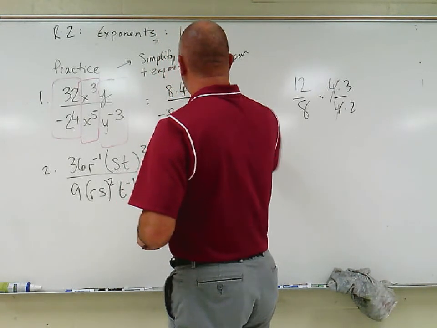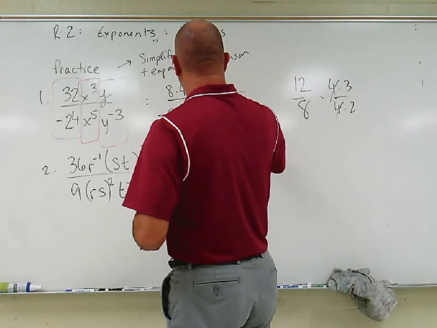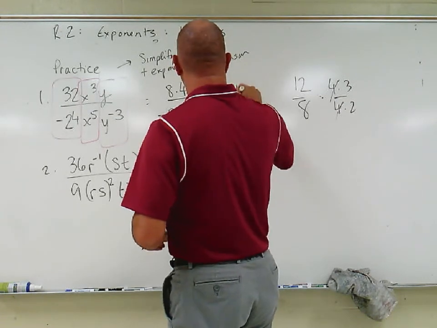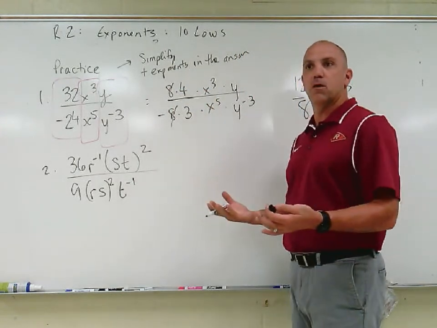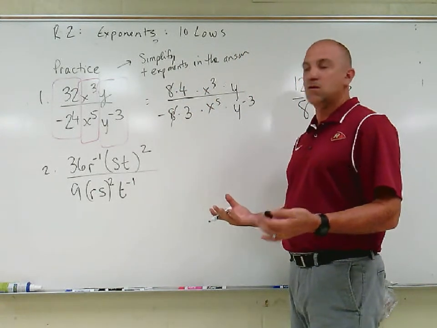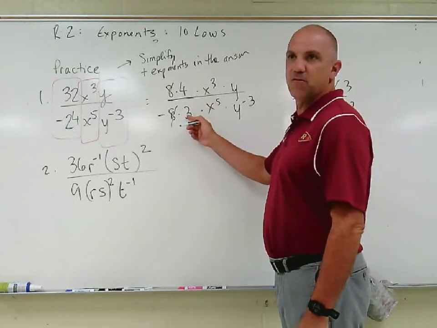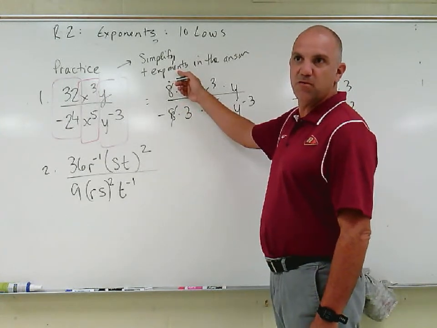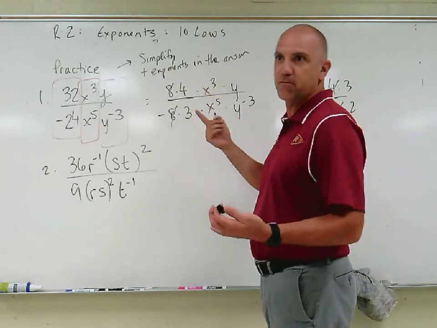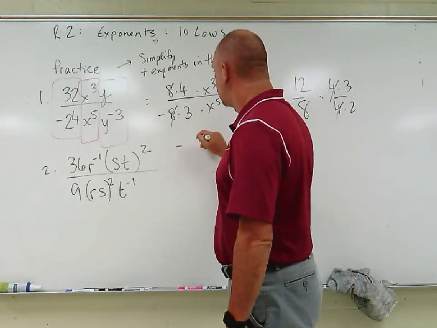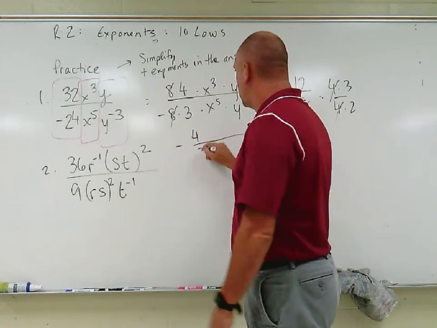You still got your x cubed over x to the fifth, and your y over y to the negative 3. So now those 8's cancel, and you're left with what fraction? You can leave the negative in the bottom, but most of us put the negative on the top. It doesn't matter, because it's still negative 4/3.